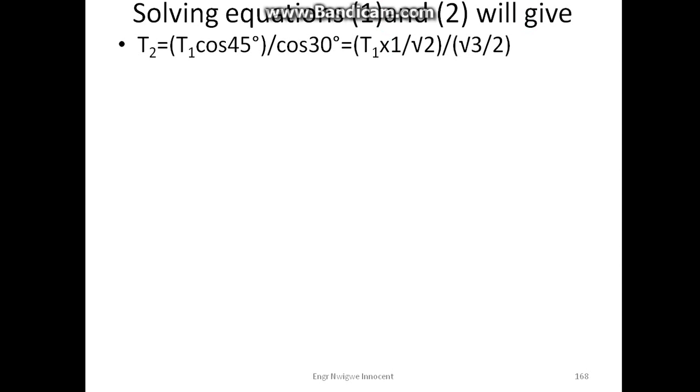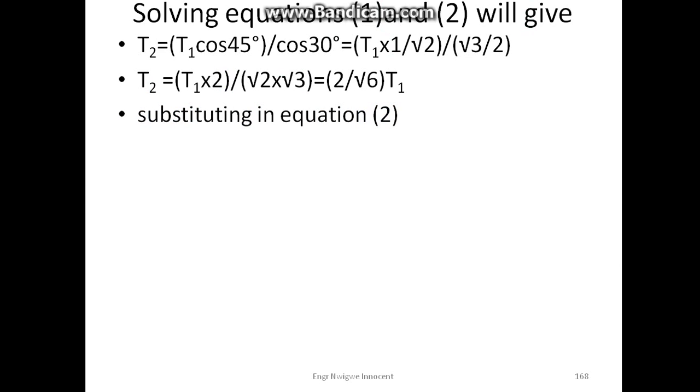T2 is now equal to T1 times 2 all over (square root of 2 times square root of 3), which gives us 2 over square root of 6 times T1.